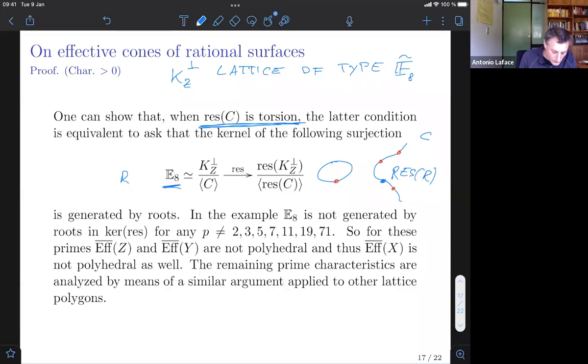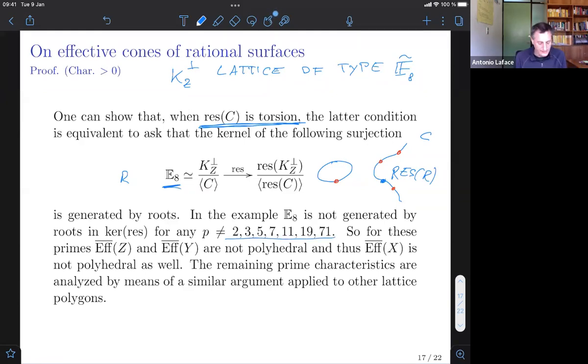So this in particular implies that the situation is going to stay the same as in characteristic 0 for all but a finite number of primes. This is because I have just to check a finite number of roots, since E8 contains only 240 roots, which is finitely many.